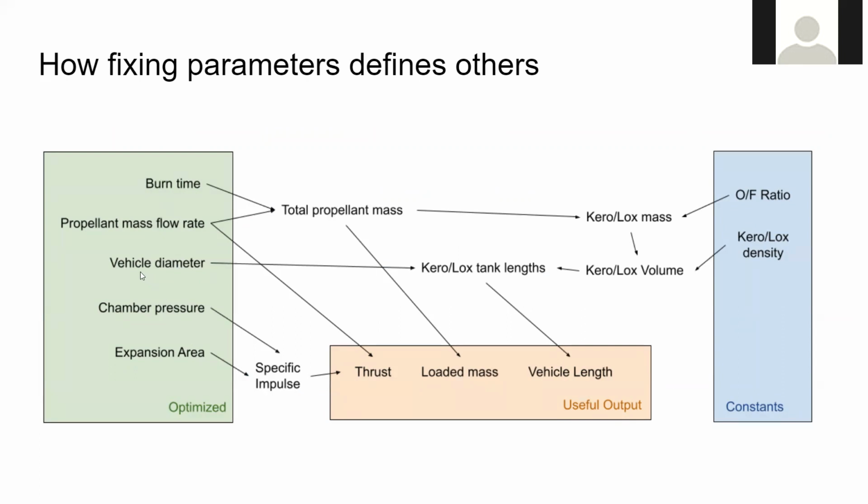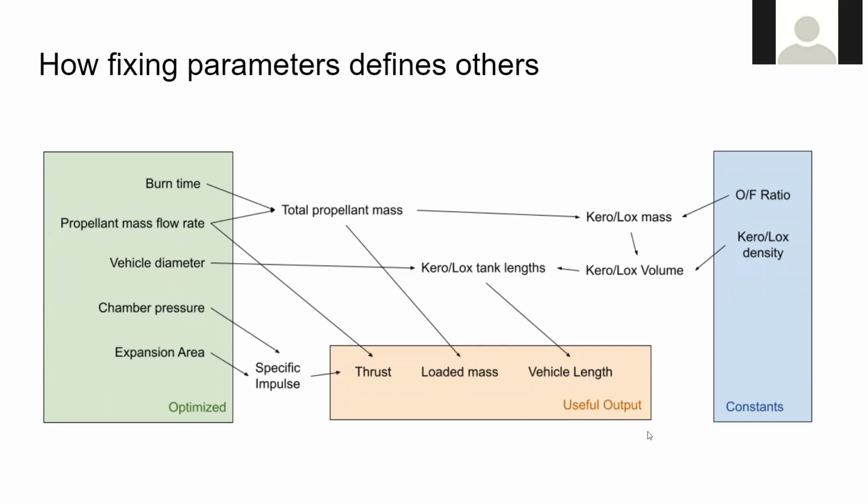You have something like your vehicle diameter that, along with the mass of kerosene and the volume of kerosene using some known constants, can figure out your volume, and then the length of tanks that you need, which can then help isolate what vehicle length you have. And then chamber pressure, expansion area, similar things, specific impulse, and then along with propellant mass flow rate can define the thrust of your vehicle.